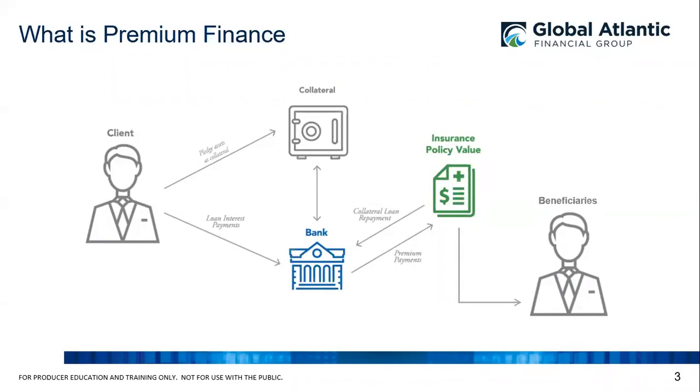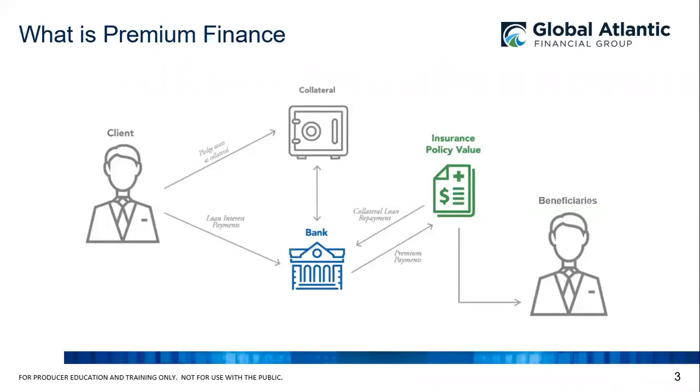So basically, premium finance is when a client borrows money, typically from a bank or a premium finance lender, to pay premiums for a large life insurance policy. And in order to do that, the bank wants to be fully collateralized. So they want to have the client post collateral for the difference between the cash surrender value of the policy and what the borrowed amounts are.